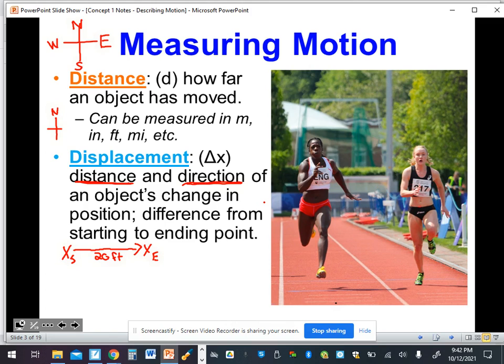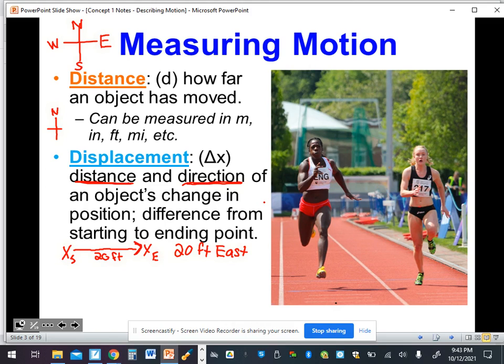So in this case, I want to know, what is my direction? Well, see how I drew this arrow from my starting spot to my ending spot? If you draw an arrow with an arrowhead, from your start to your ending spot, that arrow tells you your direction. Okay? So I would say, as far as displacement goes, for this example, my displacement is 20 feet, and then I need to add my direction, 20 feet east.